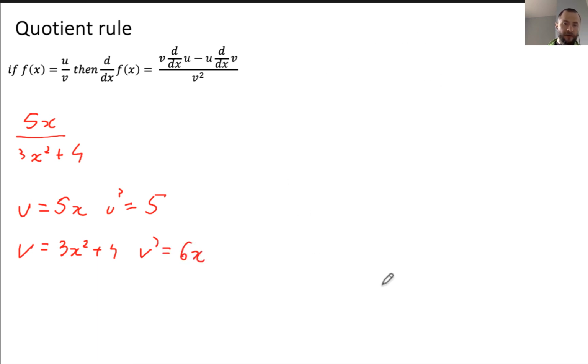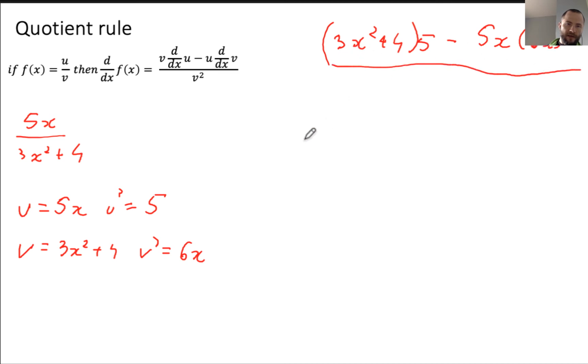So then to get the derivative of the whole expression, I use the quotient rule: 3x squared plus 4, all that multiplied by 5, minus 5x times 6x, and below the line I have 3x squared plus 4, all that squared.